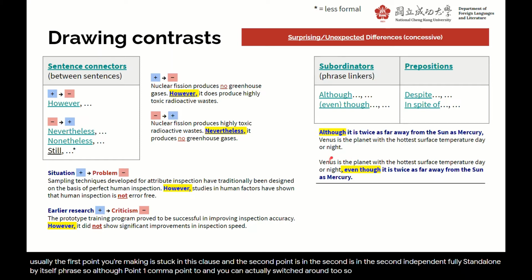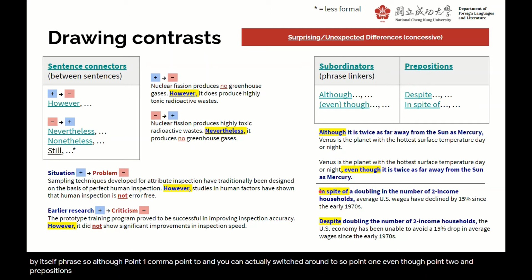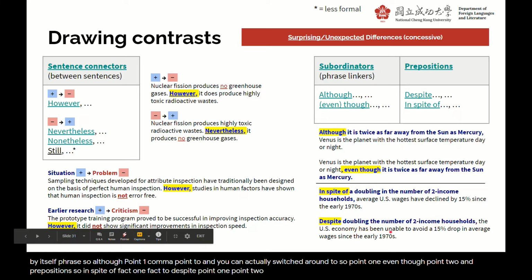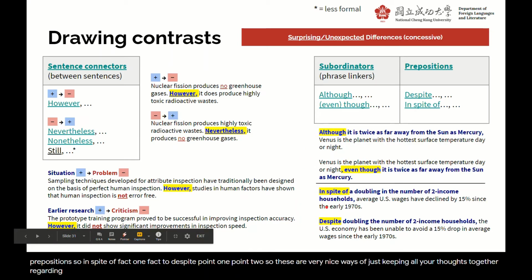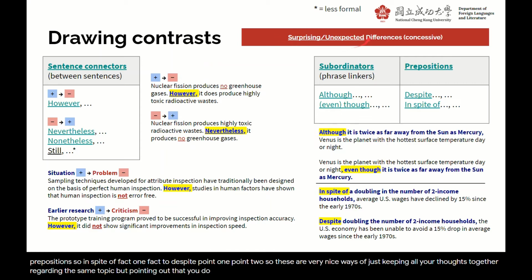So point 1, even though point 2. And prepositions. So in spite of fact 1, fact 2. Despite point 1, point 2. So these are very nice ways of keeping all your thoughts together regarding the same topic, but pointing out that there is something surprising or unexpected that's different between the two.